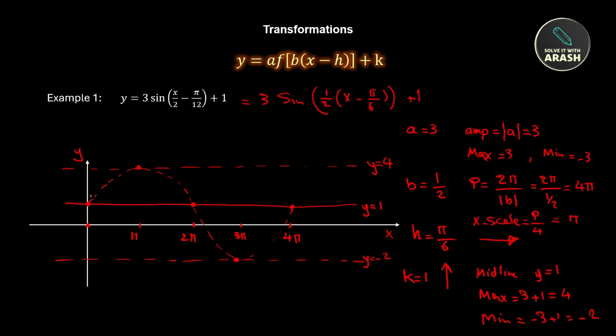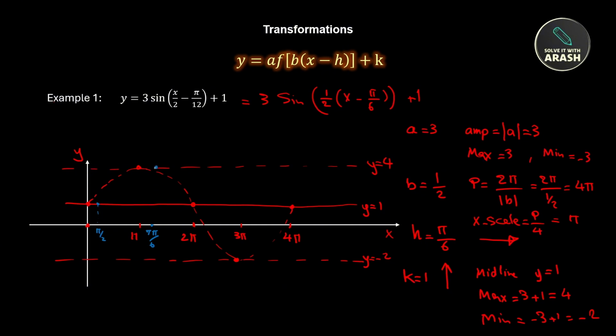So I need to shift each of these points pi/6 to the right. Like this point in the beginning will move to pi/6. This is pi/6. Pi will shift to 7 pi/6. When you add pi/6 to pi, it becomes 7 pi/6.